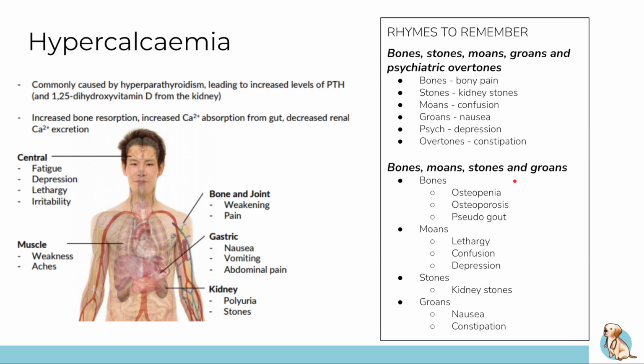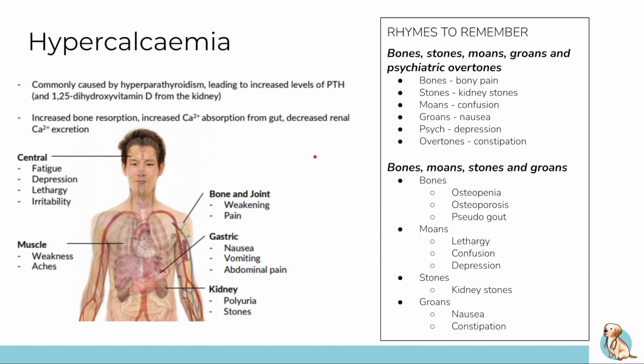Now, hypercalcemia, or high calcium, is commonly caused by high PTH levels. In hypercalcemia, you have increased bone resorption, so bone pain, osteopenia, osteoporosis.